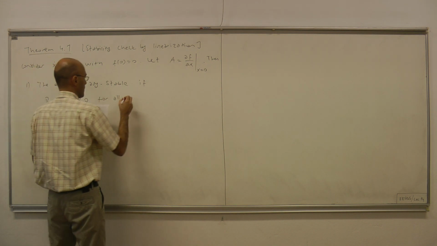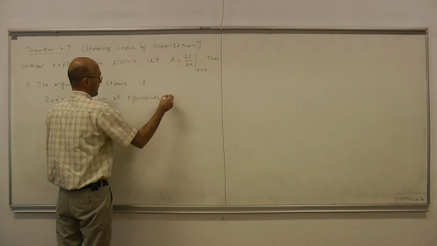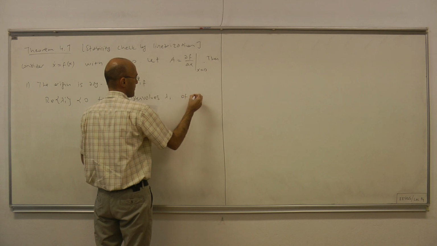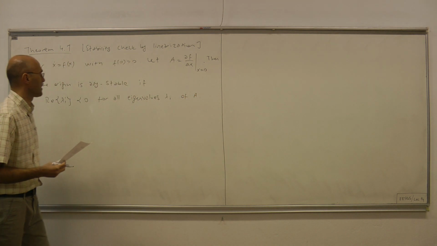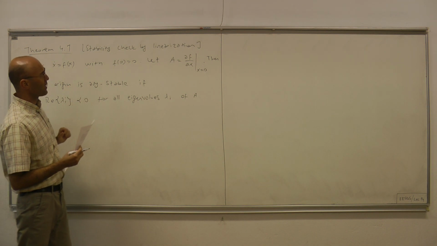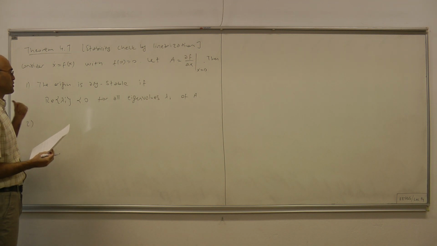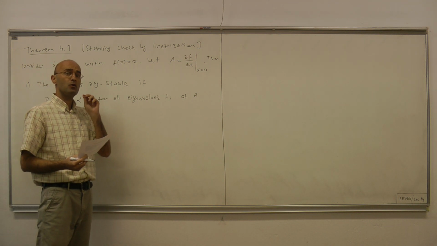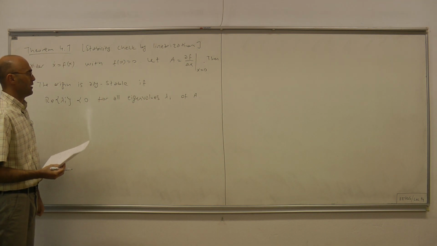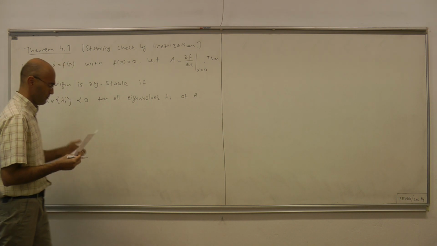For all eigenvalues of A. And the second case where the test works is that if you have at least one eigenvalue whose real part is strictly positive, then the origin is unstable.